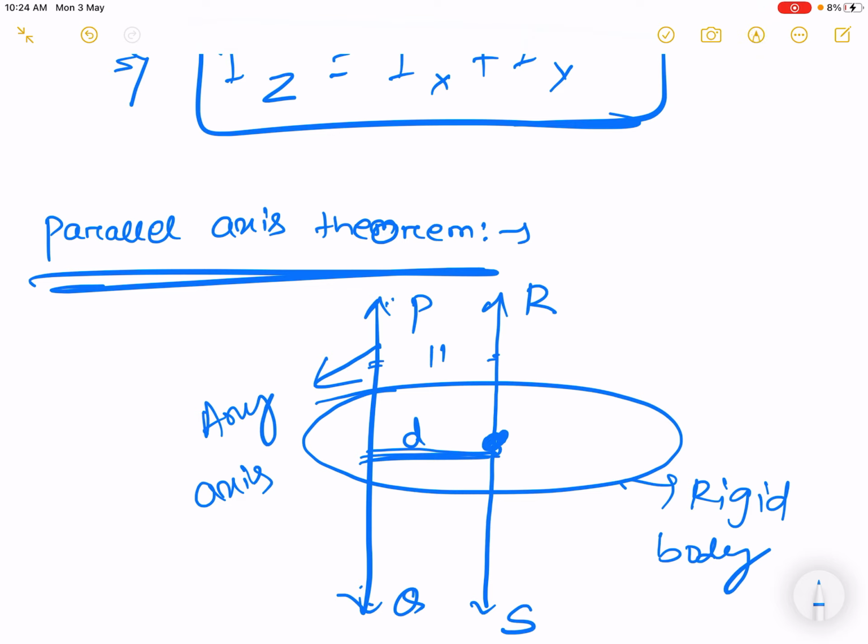When we are calculating the moment of inertia of a rigid body about any axis, first of all we draw another axis passing through its center of mass.